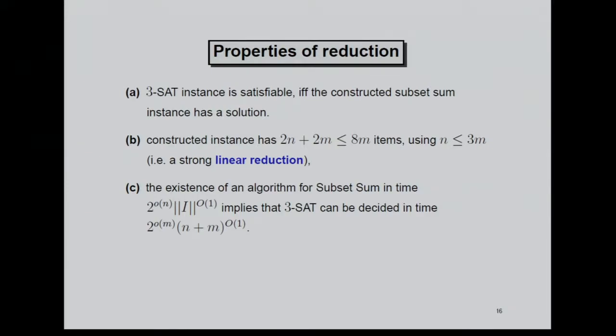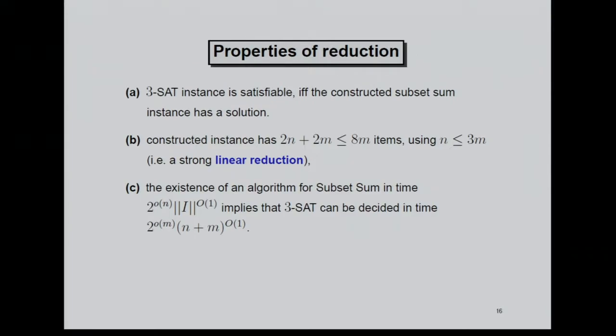So what you see by the reduction is that the 3-SAT formula is satisfiable if the constructed subset sum instance has a solution. But what's nice is that the constructed instance has only 8m items. It's linear in the number of clauses. So that means it gives a strong linear reduction.